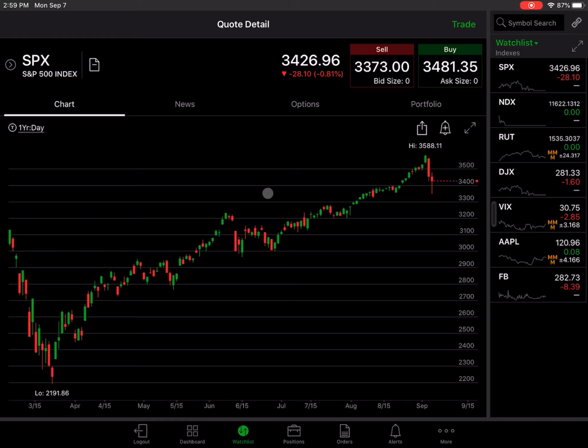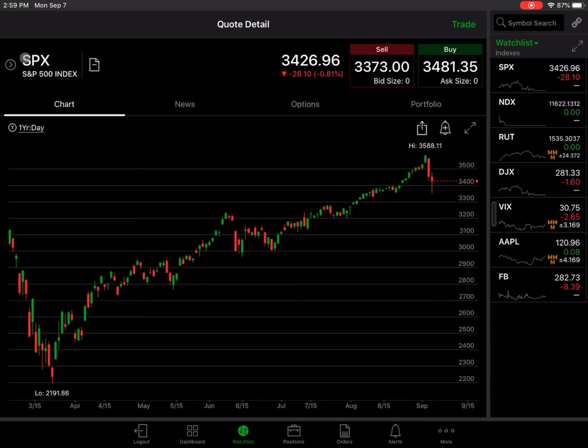So the most important places you use support and resistance are going to be the indexes, because that's going to be something that's going to affect every stock that you're trading at any given point in time. The S&P 500 and the Nasdaq are the two I paid the most attention to.